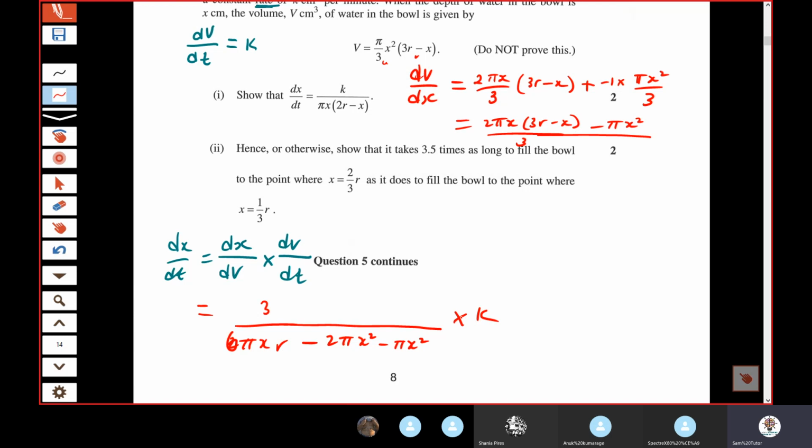We agree with that? Minus 2 pi x squared minus pi x squared is minus 3 pi x squared. And I think we can all see we got the answer out. Divide everything by 3. And then it tells you to factorize pi x out. We're left with 2r minus x.